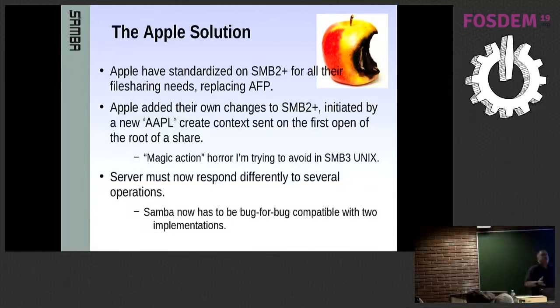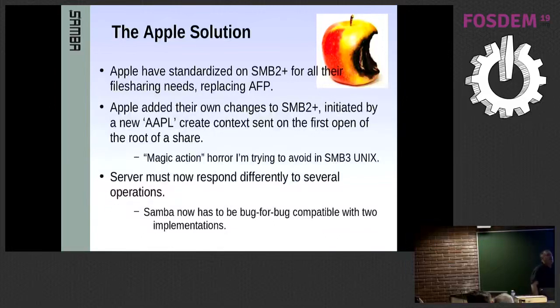Now that's basically the same kind of magic action horror. Send an info level that has no meaning other than to change the behavior of the server long term. And I'm trying to avoid that in SMB3 Unix extensions.